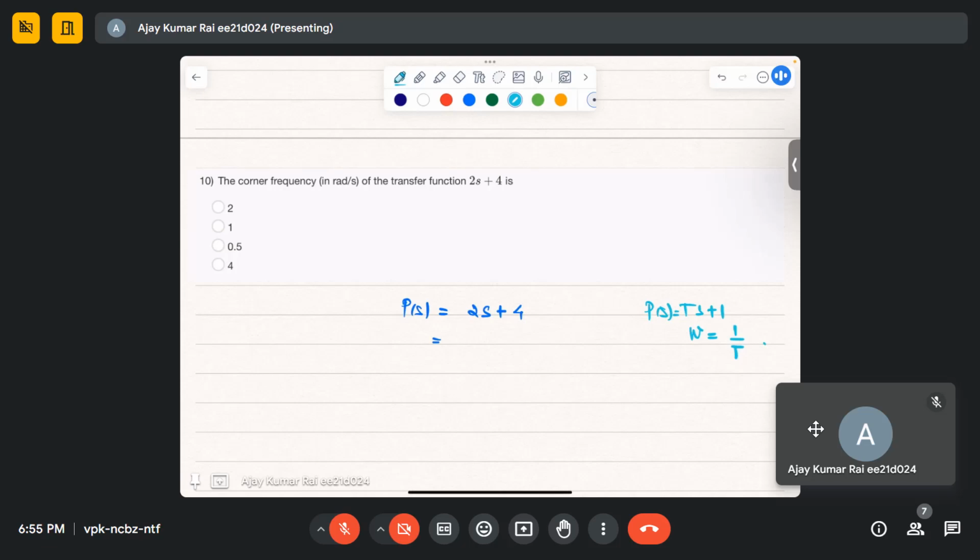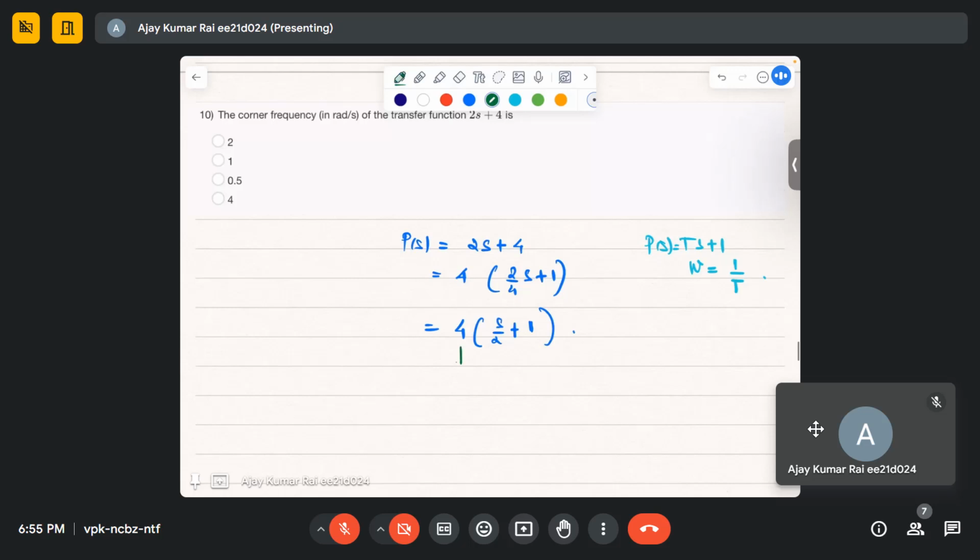Here also you can write it in this form itself. Let's take 4 common: 4 into (2 by 4 s plus 1), that is 4 into (s by 2 plus 1). So we can treat this 4 as a constant, so it is like K into Ts plus 1 form.